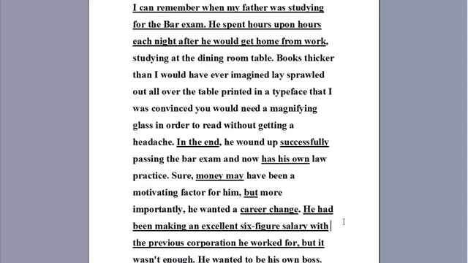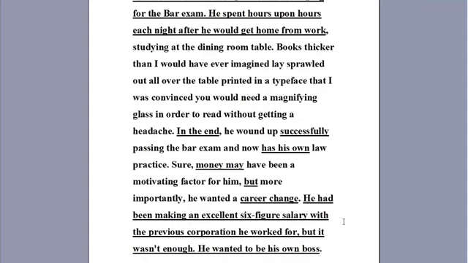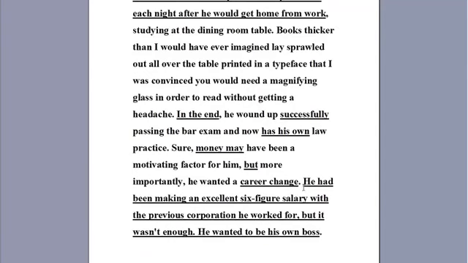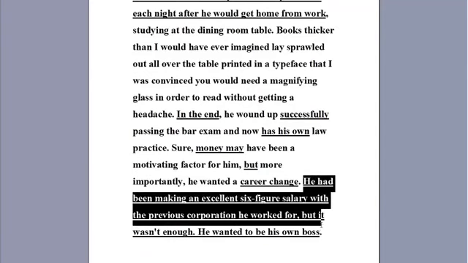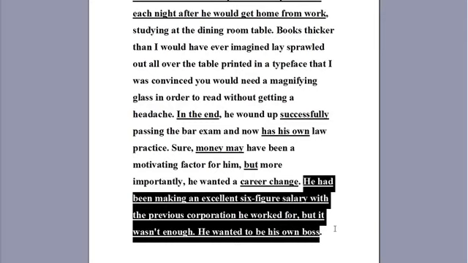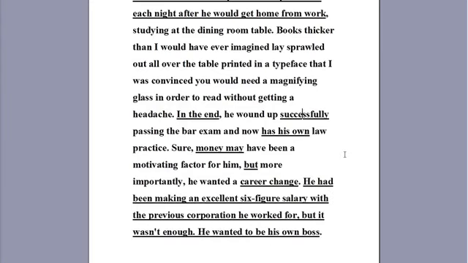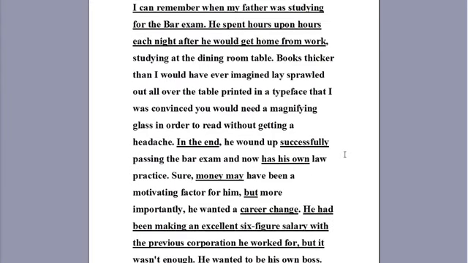And now, after we skimmed through the middle, we pay attention and we underline only the last 2 to 3 lines. Let's read it together. He had been making an excellent 6-figure salary with the previous corporation he worked for, but it wasn't enough. He wanted to be his own boss. Okay, what do we do in this paragraph? Again, let's recap.